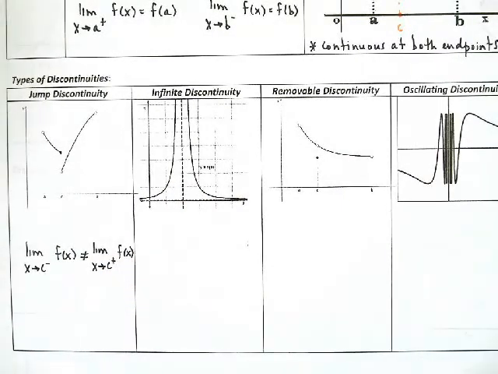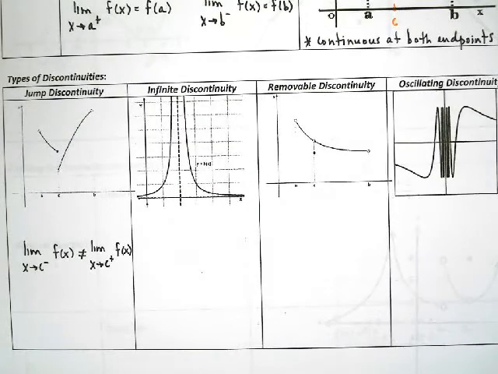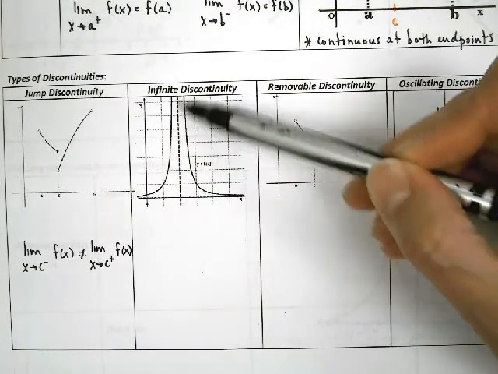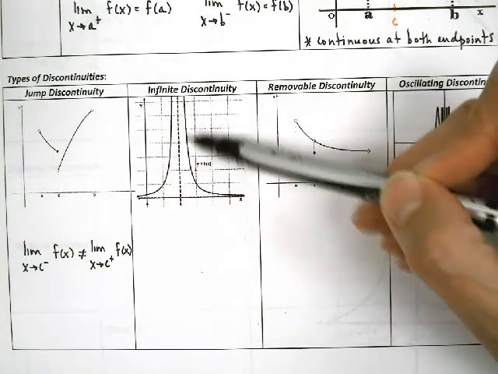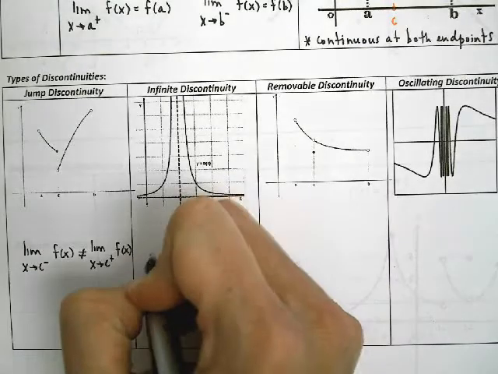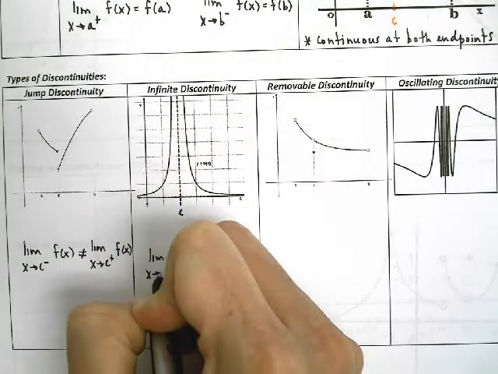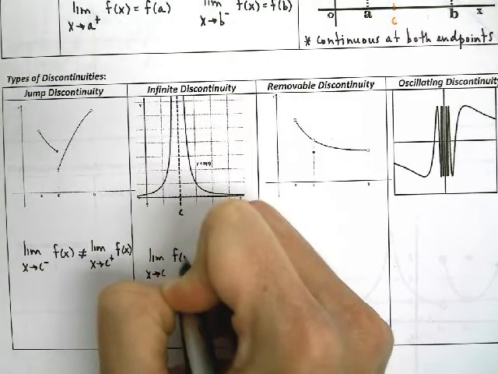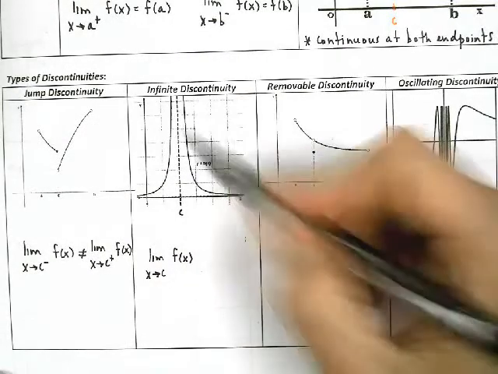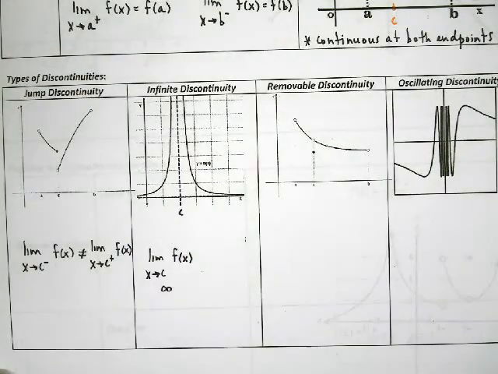And so we might see this with piecewise functions. The next one is what we call our infinite discontinuities. Obviously, we have a vertical asymptote here, which is forcing these portions of the graph to head up to infinity. So even though we could say the limit as x approaches C of f of x, both from the right and the left, I can see that's infinity.